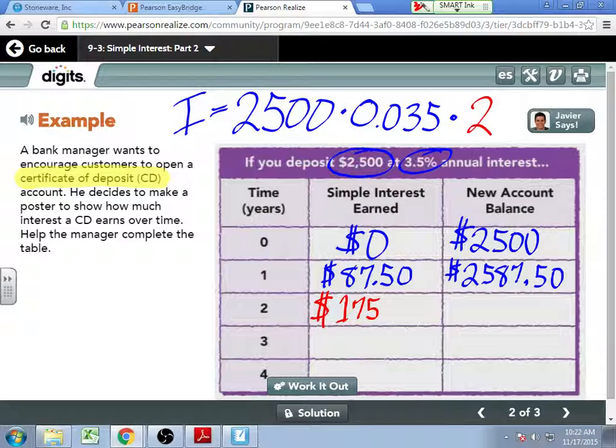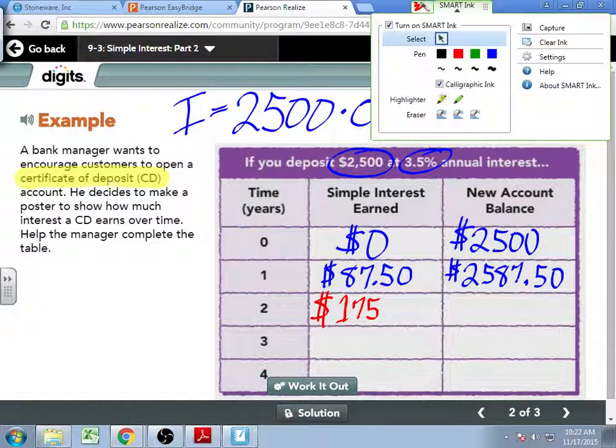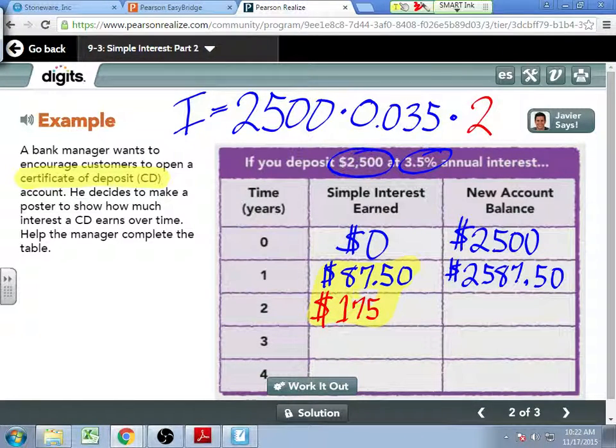I do not combine these two values, because $87.50 was the total interest I earned after 1 year. $175 is the total earned after 2 years. So to find the total account balance now, I take the total interest and add it with the original principal to get $2,675.